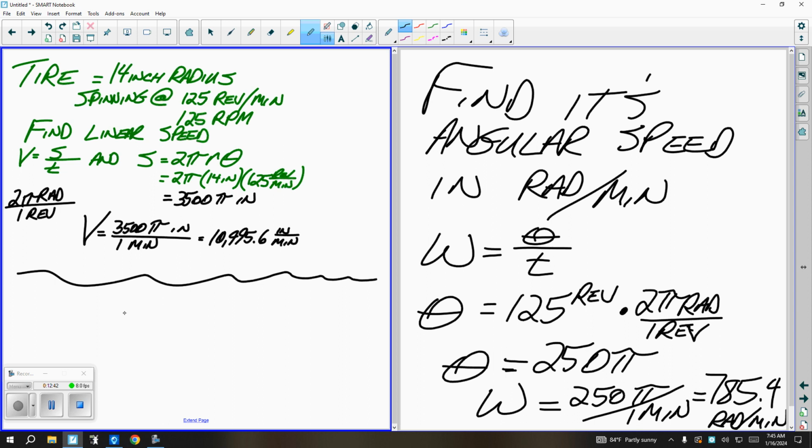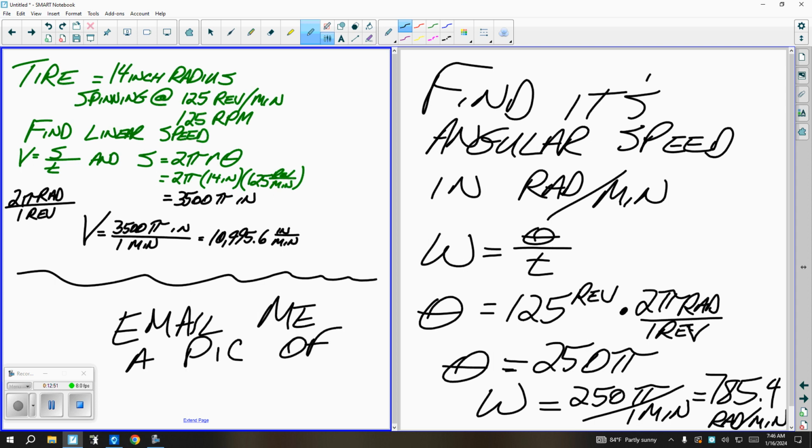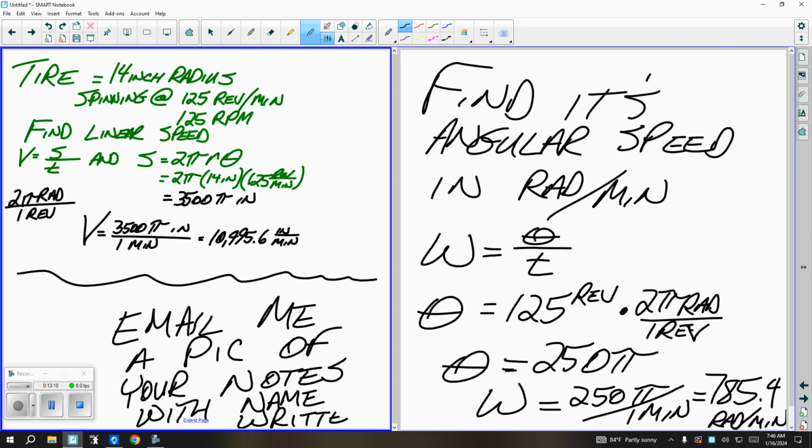Email me a pic of your notes with your name on it. Your name has to be written on the notes also. That's proof that we at least started our 5.3 notes.